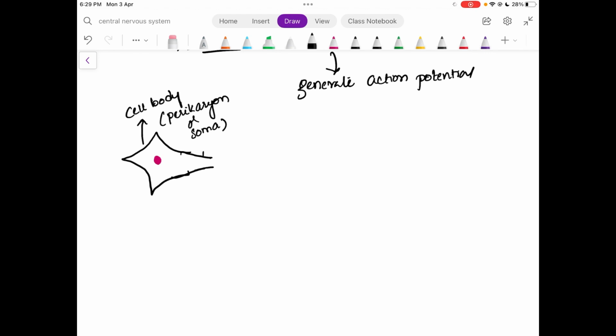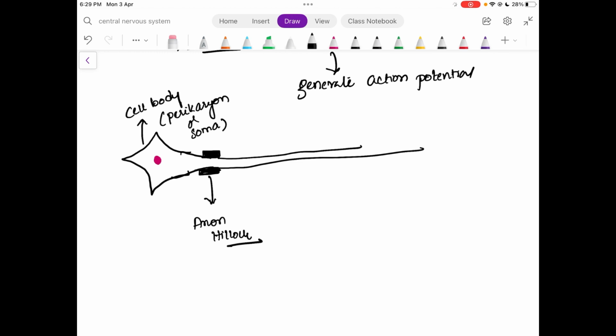There is a thickening over this area, called the axon hillock. From this axon hillock, the axon will arise. This is an axon.